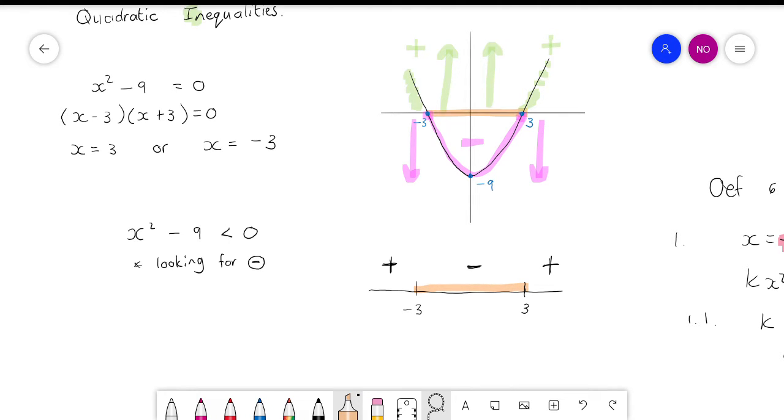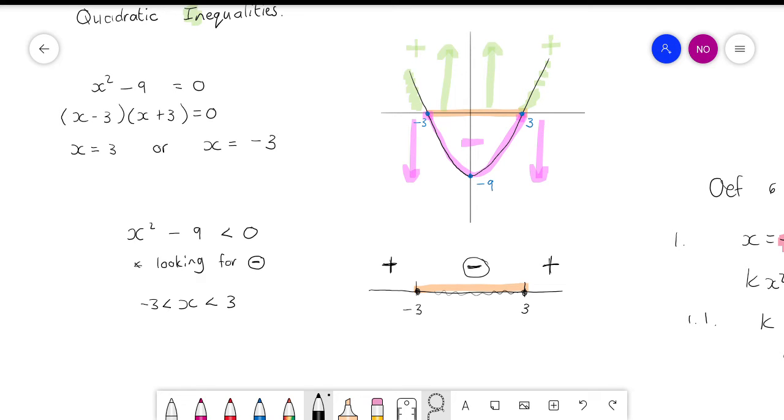Now you can either look at your number line or at your parabola. But do you agree the answer will be, it is for values where x is between negative 3 and 3. Do you see from negative 3, not including negative 3, all the way to 3, we have our negative values.